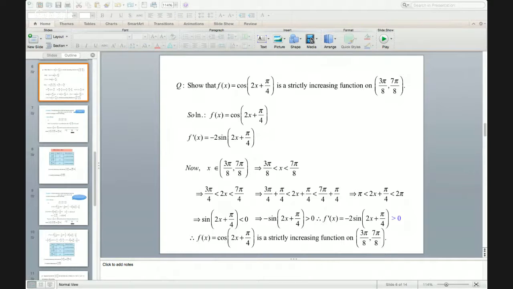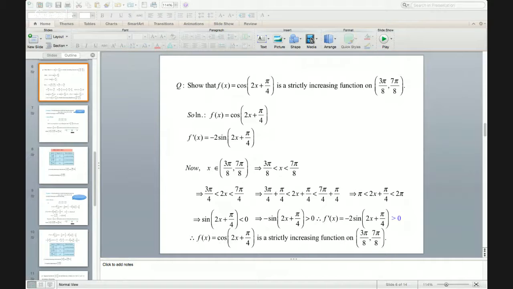So given f of x equal to cos of 2x plus pi by 4, f dash of x, that is the derivative, can be easily evaluated. Now the discussion is basically on what sign f dash x takes when x lies in the interval 3 pi by 8 to 7 pi by 8.